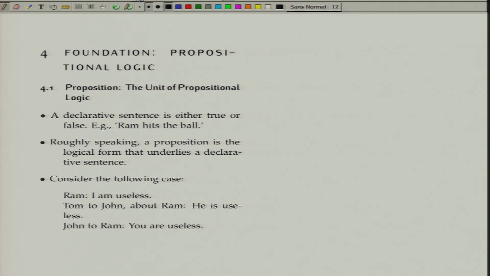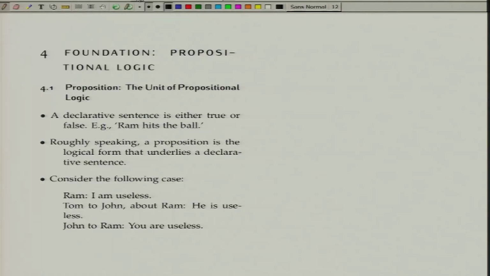Before you start talking about logic or logical systems, we need to understand what we mean by a proposition. The unit of logic is a proposition. What does anybody mean by the word proposition? We know that a declarative sentence must have a truth value, or most of them have truth values.